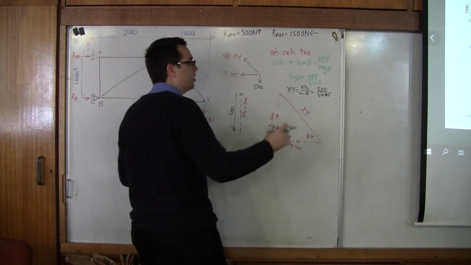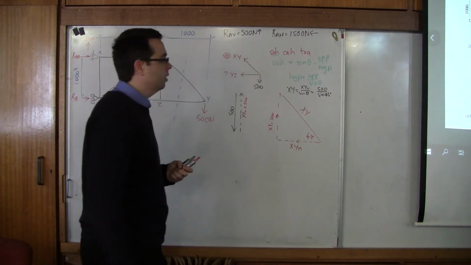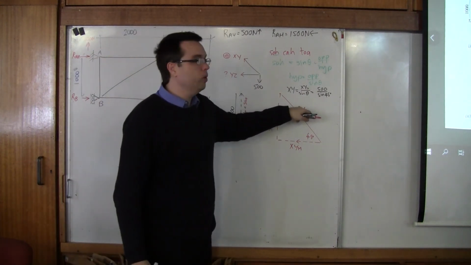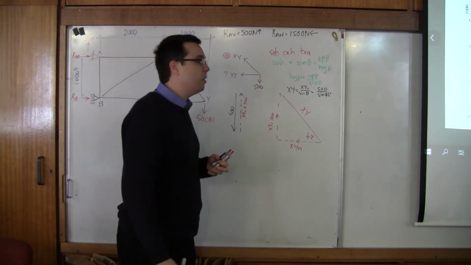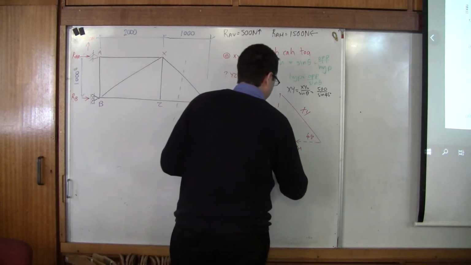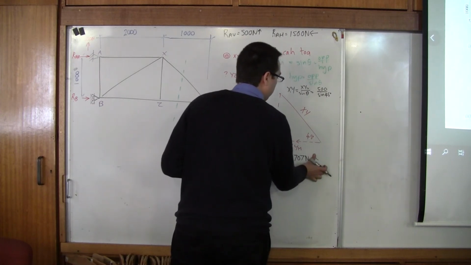That number is going to be 1.41, 141% of 500, so about 700. Can someone give me that value? Yep, 707. XY equals 707 newtons.